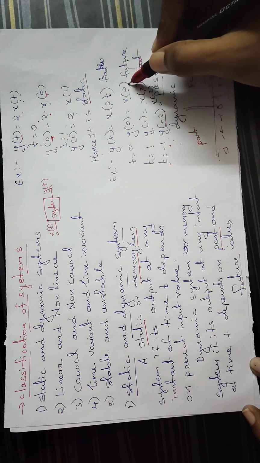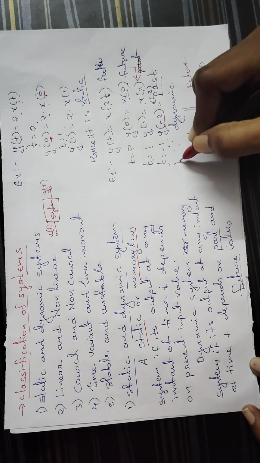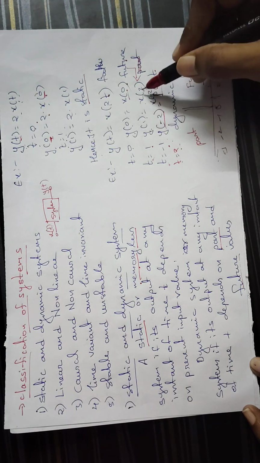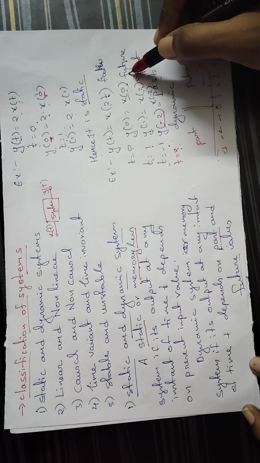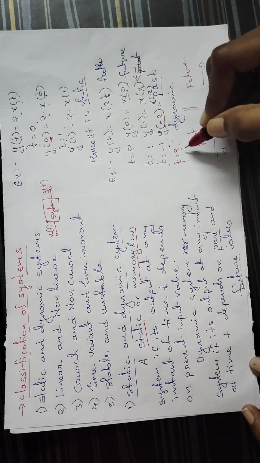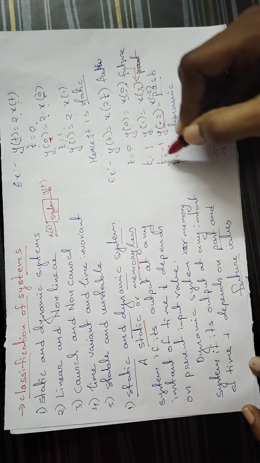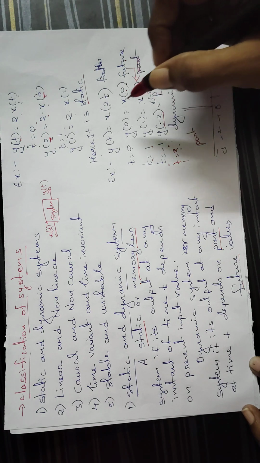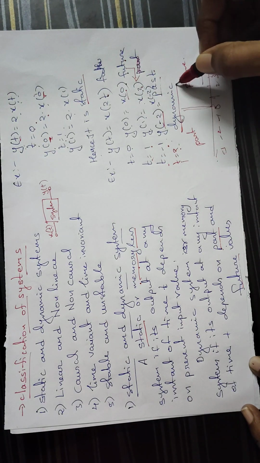If you substitute t equals 2, y of 2 equals x of 4, again a future value. For t equals 3 it also depends on a future value. Based on the number of instants it satisfies, we decide whether it is static or dynamic. So this is a dynamic system.